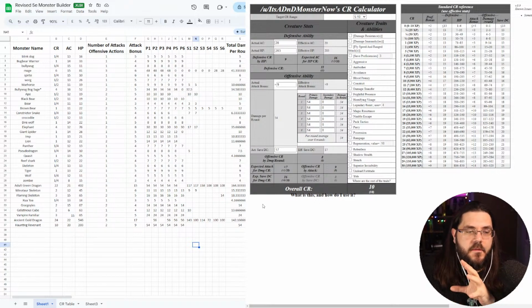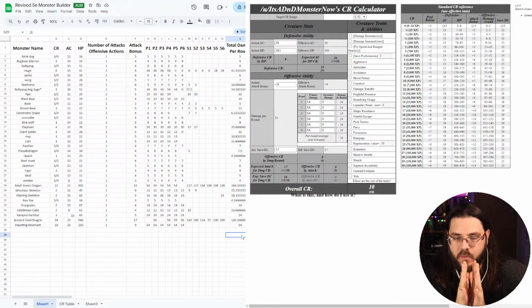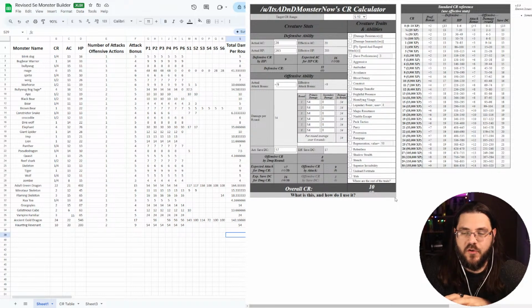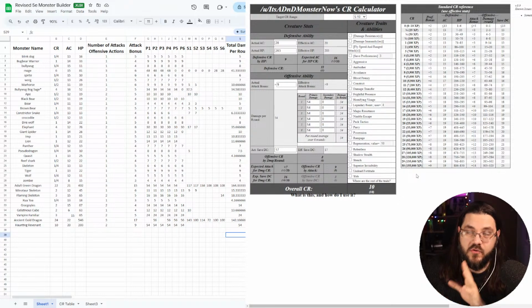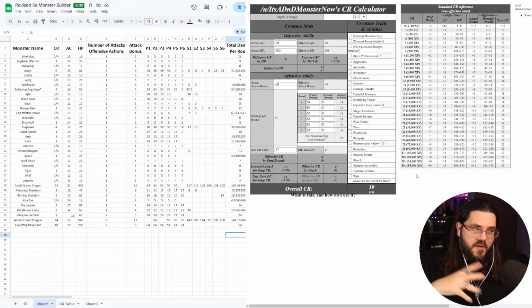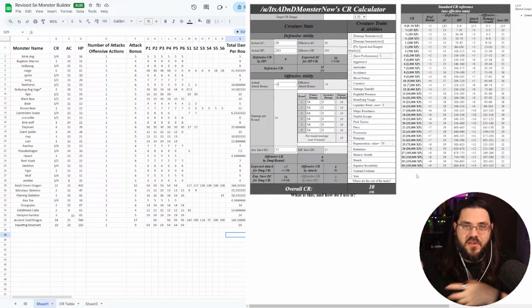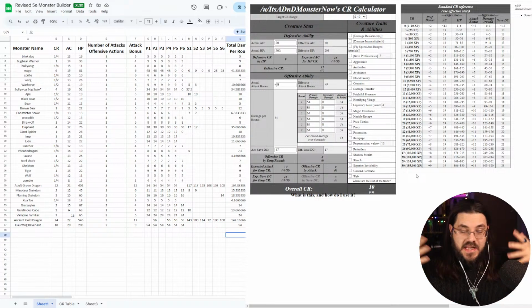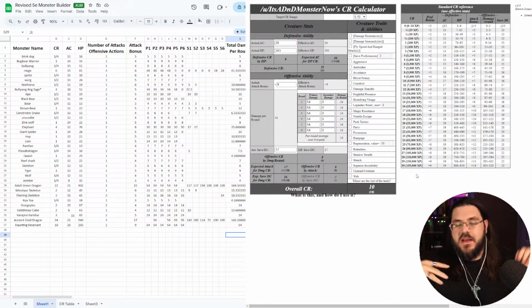But in terms of building monsters and getting within the CR bounds, I'm growing more confident that if you use the 2014 rules and just not the creature traits and ability modifiers, you will end up with CRs similar to what you have in 2024, which means if you want to build monsters that are balanced in line with the monsters within 2024, that is a way to do it, to get a quick and dirty starting point that you can then look at and use your DM experience, use your designer brain to look at and go, right, okay, I've gotten the starting point of this, now I can go from there and figure it out.